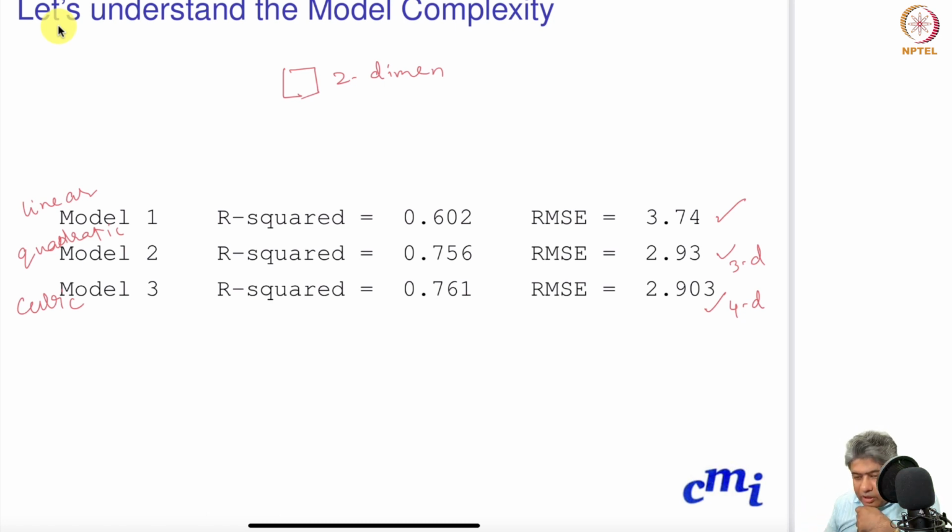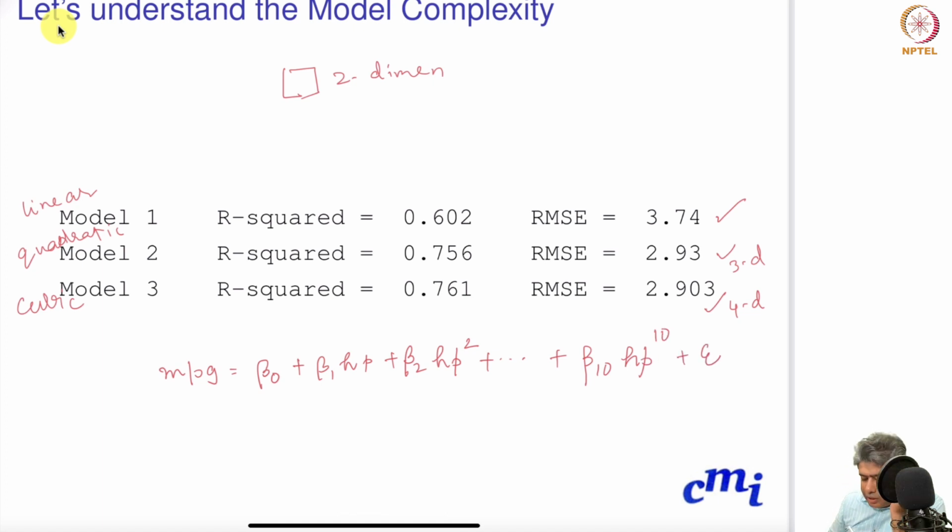Now you can tell me, sir, why do I need to stop at 3? I can go up to as many as possible. I can develop a model which is a polynomial of order 10, like beta 1 horsepower plus beta 2 horsepower square plus dot dot plus beta 10 horsepower to the power 10 plus epsilon.